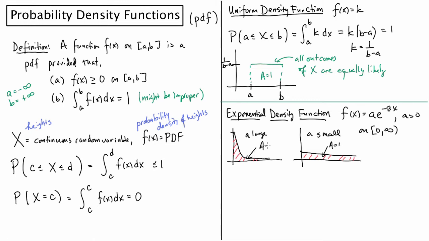Now, in order to show that, I need to look at the integral from 0 to infinity of this function and show that that is indeed 1. What we immediately notice and what we predicted is we're going to get some improper integrals. This turns out to be one of them. So if you recall how to evaluate an improper integral, we're going to take the limit as n goes to infinity of the definite integral from 0 to n.